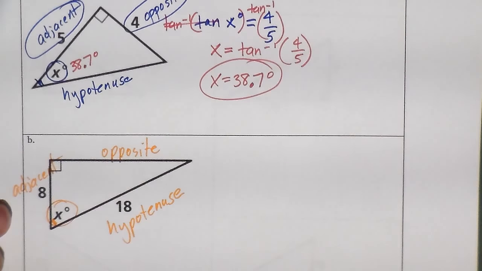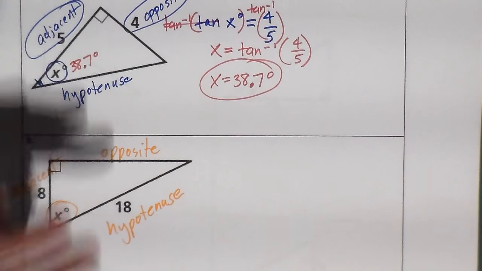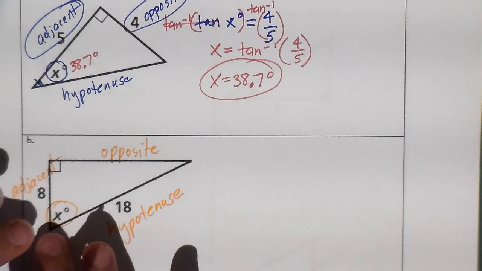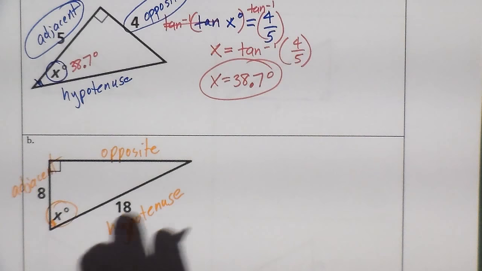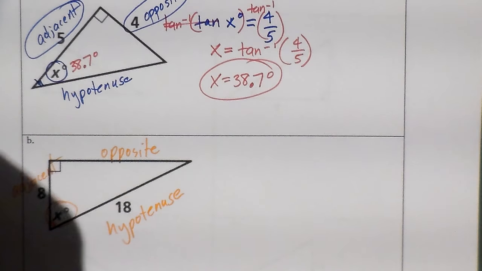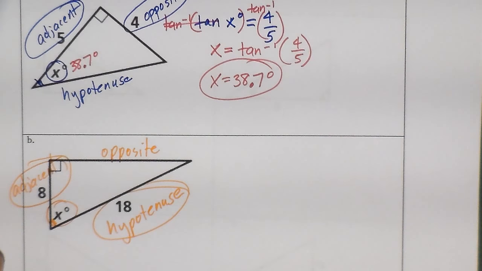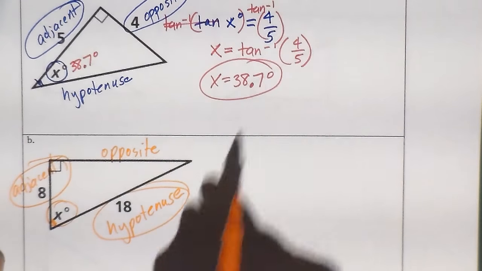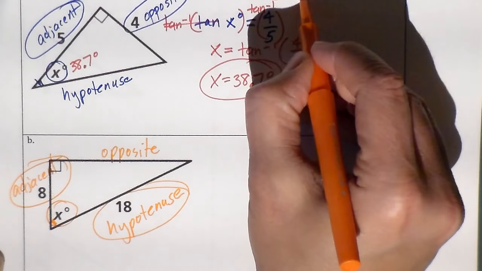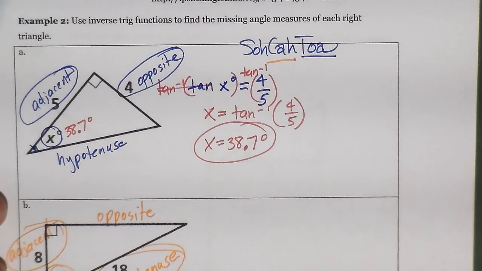Unless you're doing multiple trig functions, in which case they will change. If you're just zeroing in on a single angle, always label your triangles. So which pieces do we have? We've got the adjacent, and we've got the hypotenuse. So which one of these is adjacent over hypotenuse? And that is cosine. You can see it right here in SOHCAHTOA.